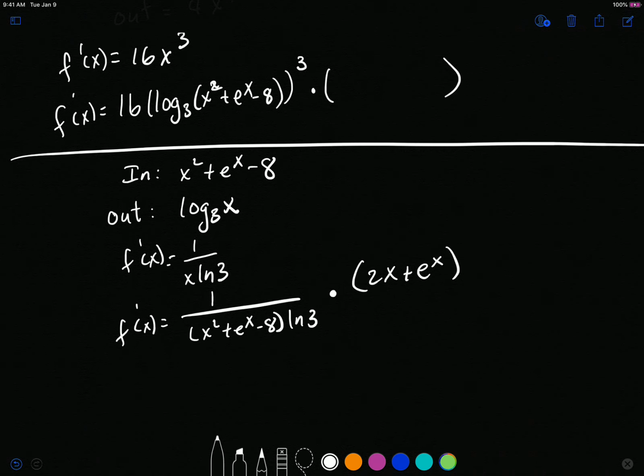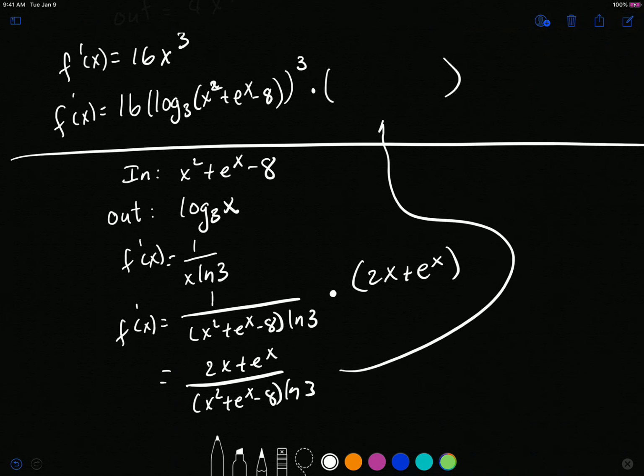And all of this combines to 2x plus e to the x over x squared plus e to the x minus 8 ln 3, and all of this comes right here.